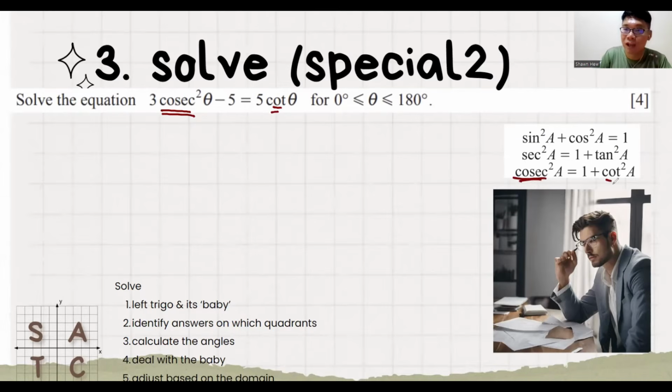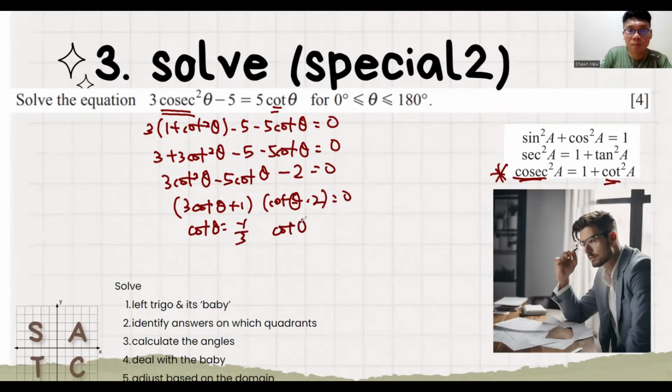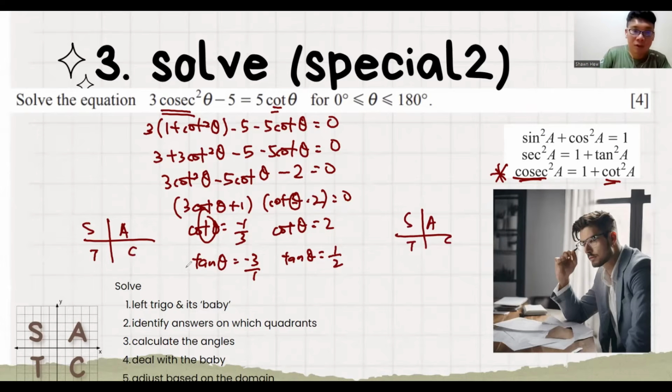The second question, you have cosecant and cotangent. So cosecant, cotangent, we use this equation again. So we change cotangent back to tangent. We just swap the fraction upside down. Then we have two parts of ASTC. Tangent is positive here and here.